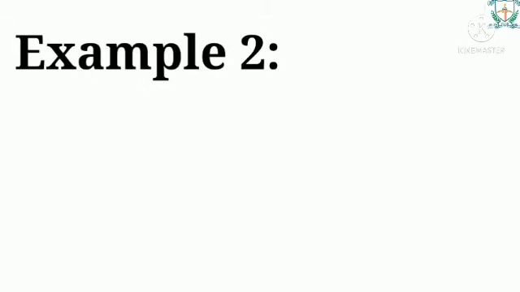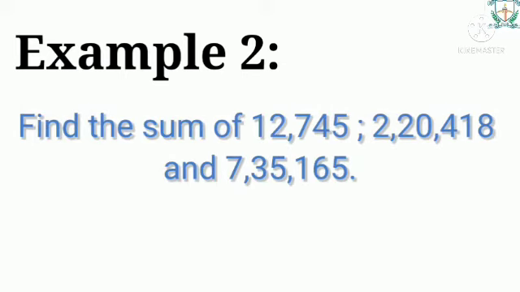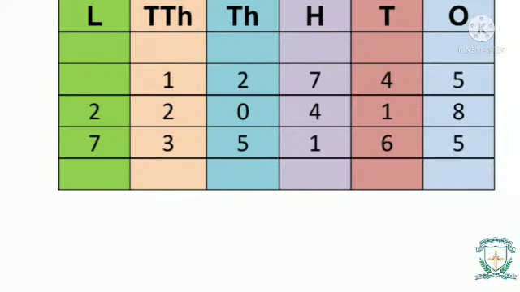Example 2. Find the sum of 12,745, 2,20,418, 7,35,165. Arrange the addends according to their places in columns and add.